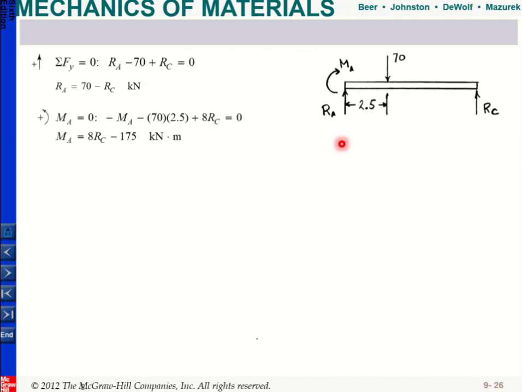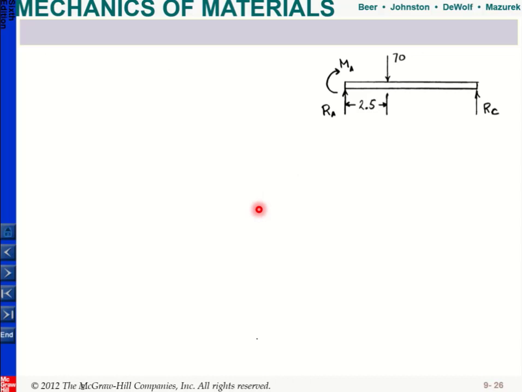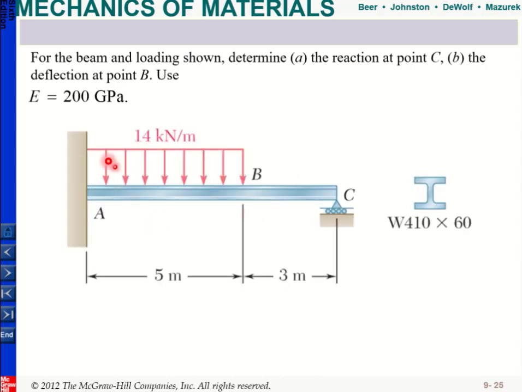So what I can do is, instead of dividing into two sections, I can use singularity functions. So the first thing I need to do is write my W, okay? In this case, my W starts from 0, and I need to assume that it goes all the way to C, and then I will apply another W from B to C in the opposite direction to cancel it.